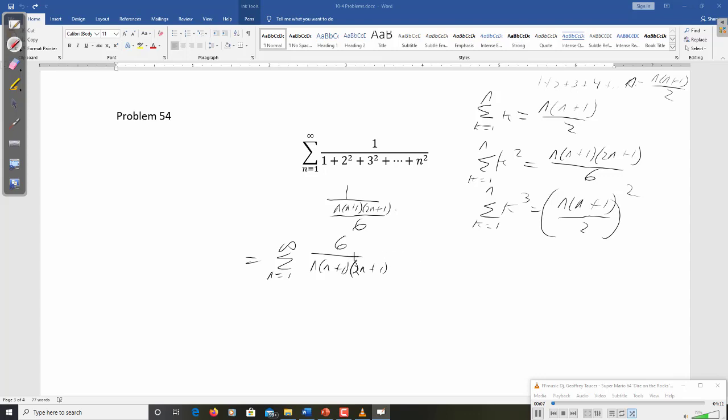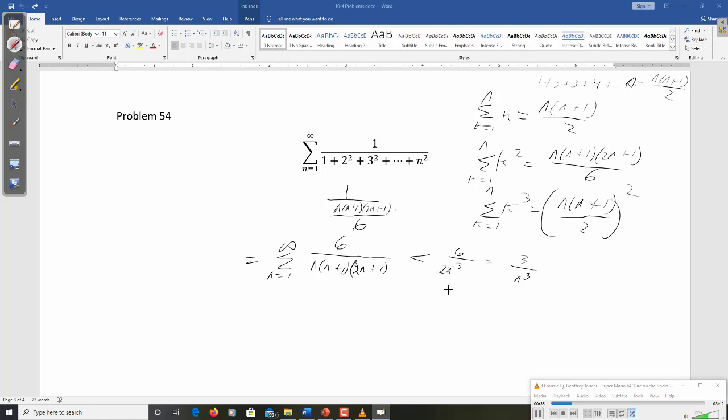It's just a neat little trick. Then this becomes pretty simple because you can compare it with just 6 over 2n cubed, I should say, which should be 3 over n cubed. And I believe it would work that way.